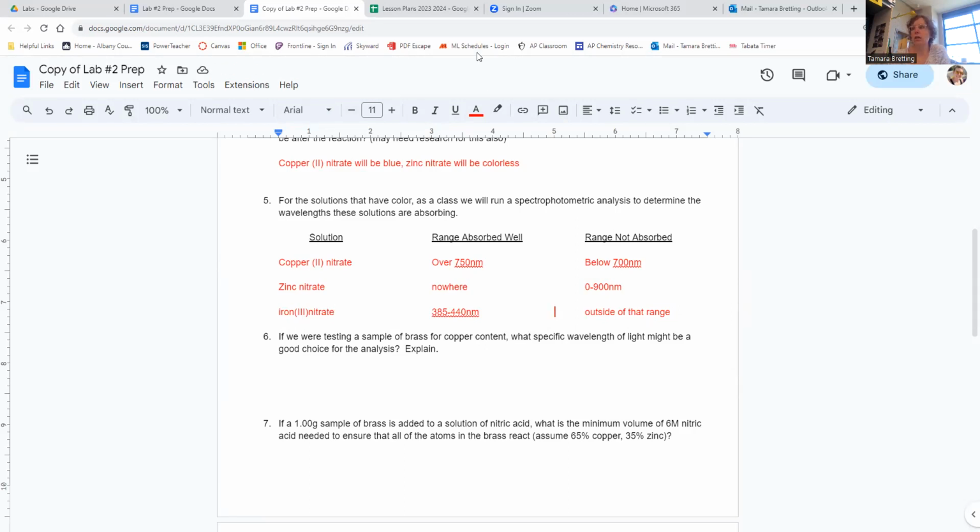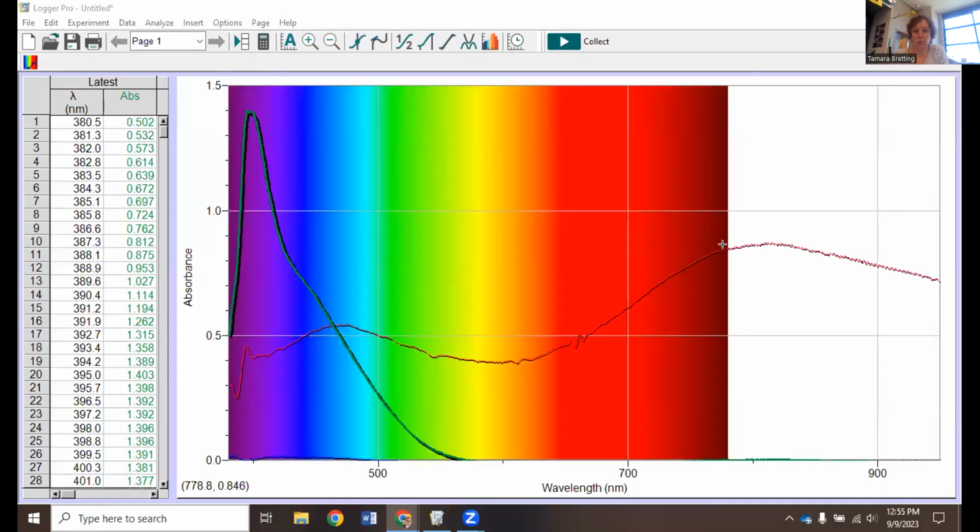What we want to choose is a wavelength where I'm getting really high absorbance for the thing that I'm testing for. I'm getting really high absorbance for copper, and no absorbance for nitrate or anything else in my solution.